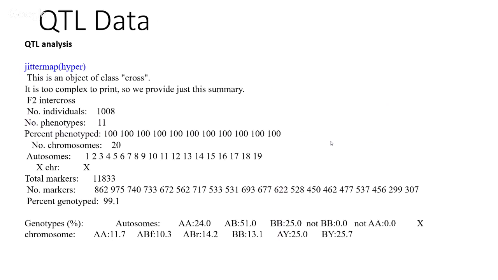If we use the data map, we can see more detailed information about the data. We can see we have 20 chromosomes, the total markers, and the percent of the genotype for each chromosome.